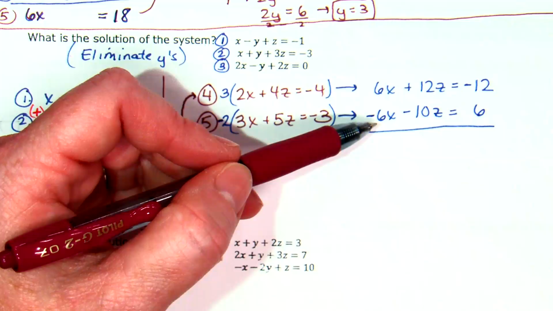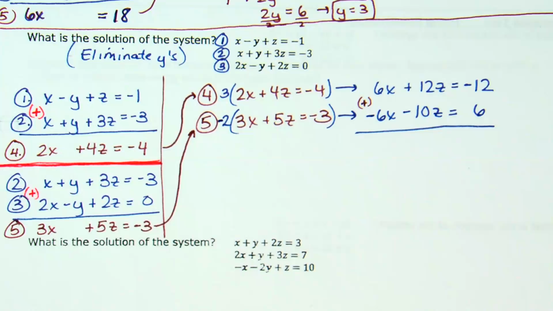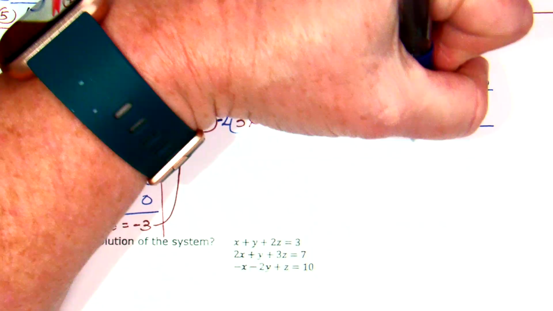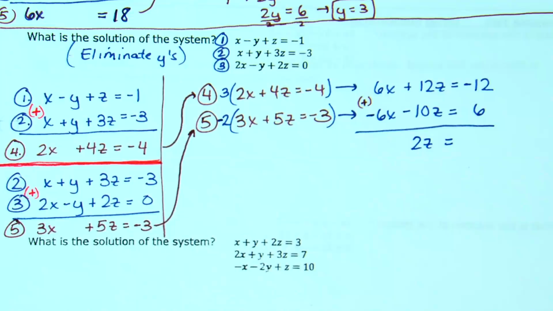6x and negative 6x are opposite signs, so I am set to add these equations together. What is 6x plus negative 6x? They cancel. 12z plus negative 10z is 2z. Carry down my equal sign. Negative 12 plus 6 is negative 6.